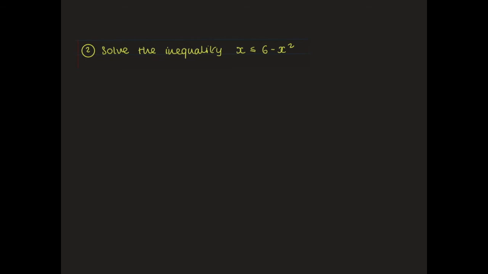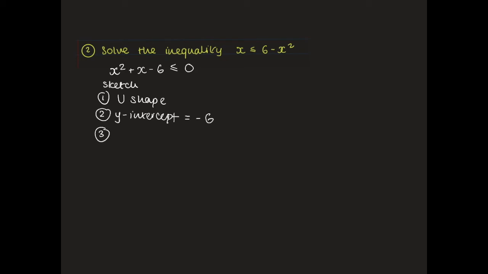So the first thing I'm going to do is move everything over to one side. Now I need to sketch. I've got a positive x squared, so I know I'm going to have a U shape. Now the y-intercept, which written out in this form I know is -6.